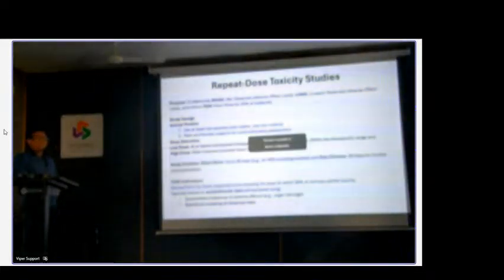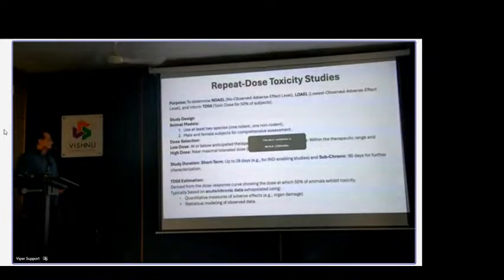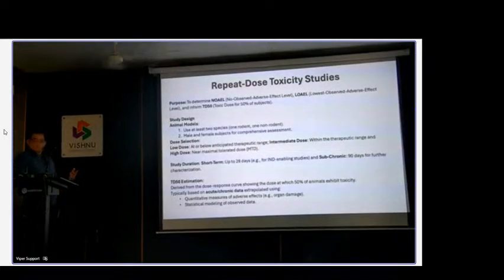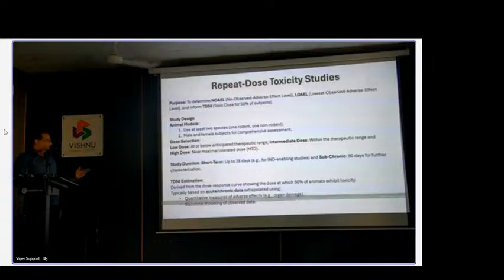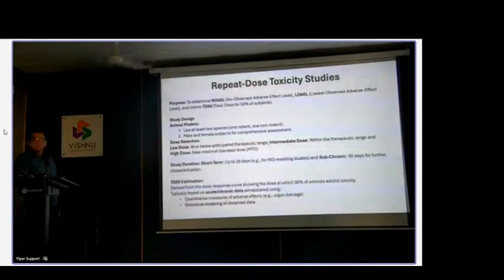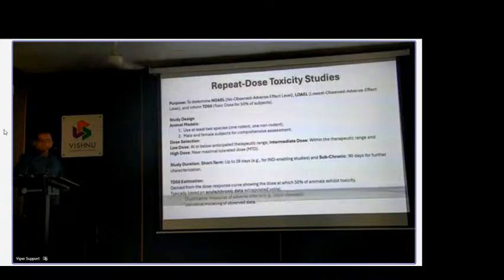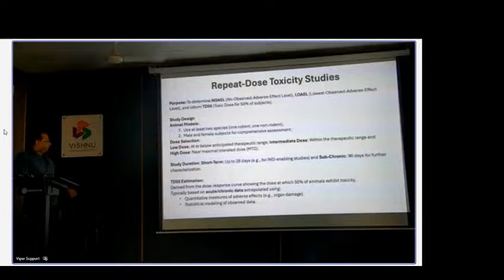The study duration depends on the requirements. There are guidelines that say, to support any toxic dose, how many days you need to work, and the TD50 values are like 50% of the animals that are showing toxicity.